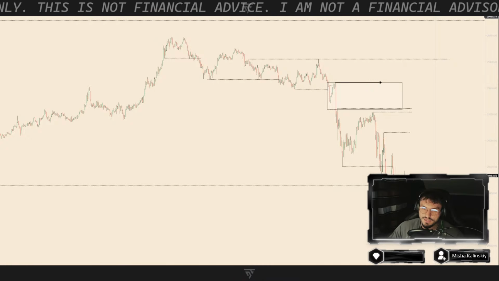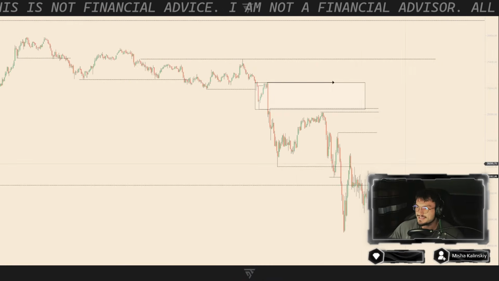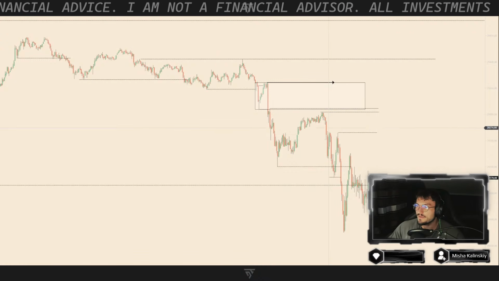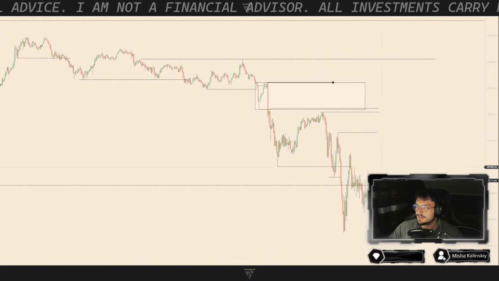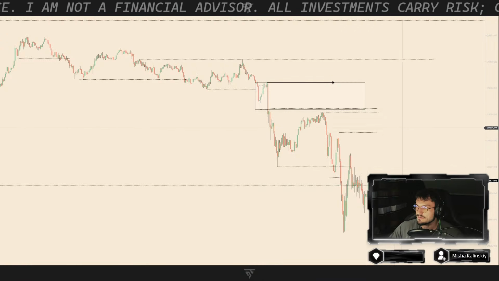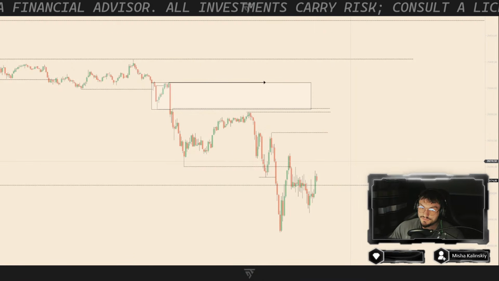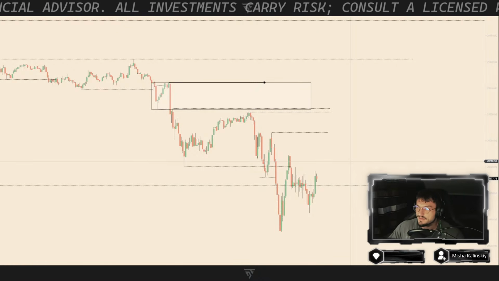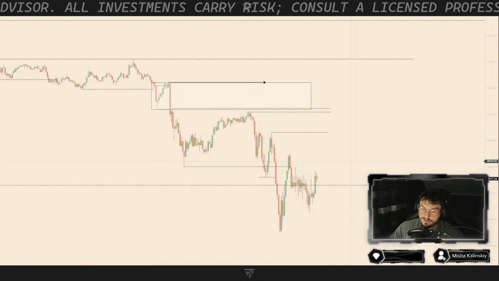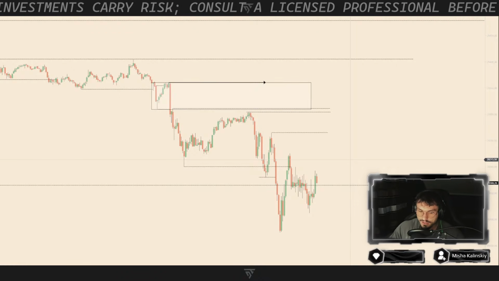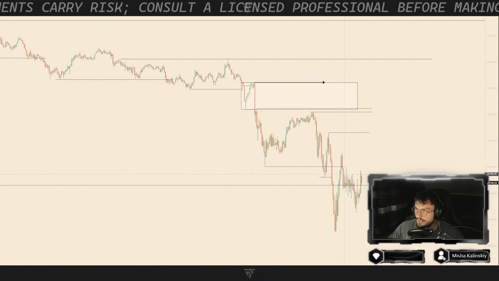I wouldn't be expecting extensions like that. Maybe if market open did that, yeah, I would expect an extension like that, but I don't know. However, it is possible. I'm not gonna have an ego and say that it isn't. I don't have enough money to put in a new high. I don't have enough money to put in a new low. We're not institutions.